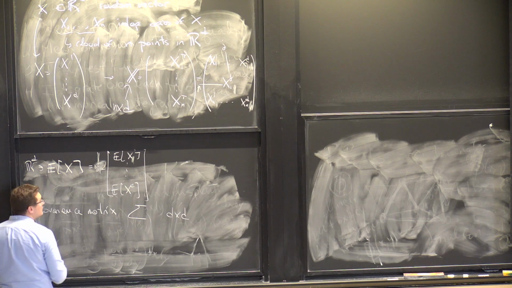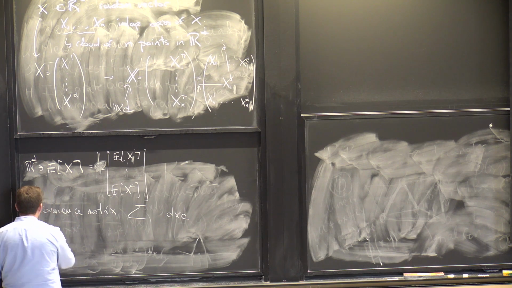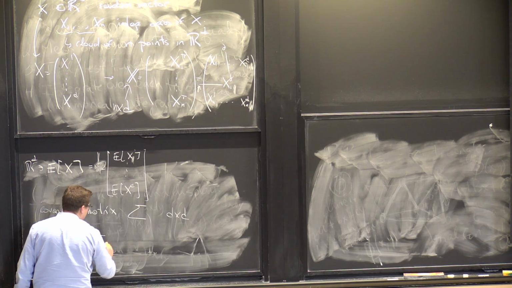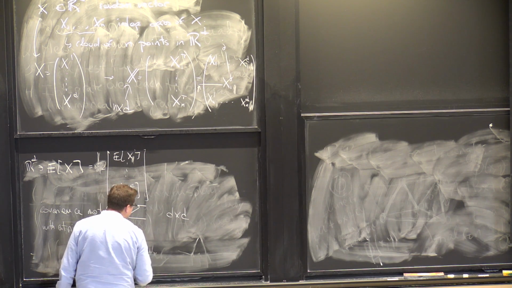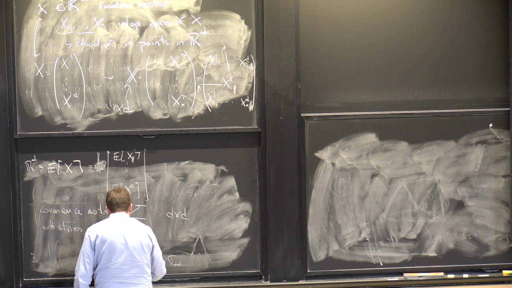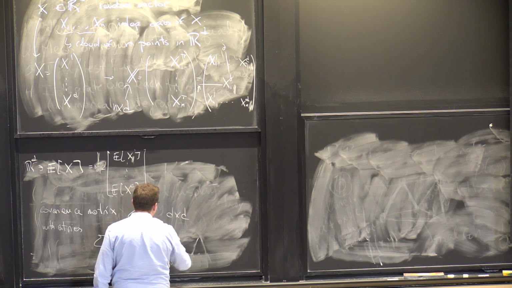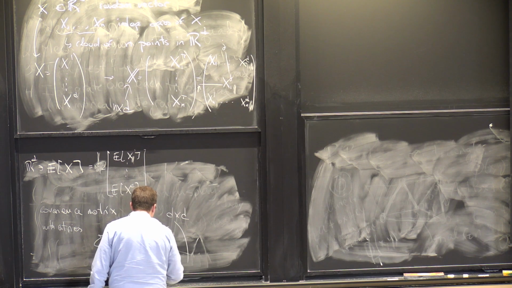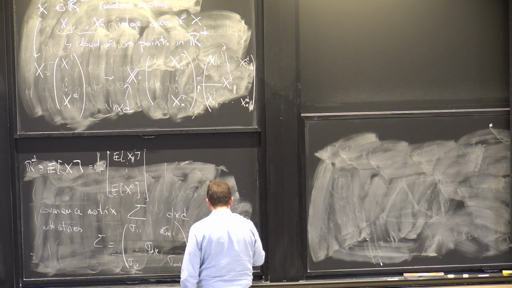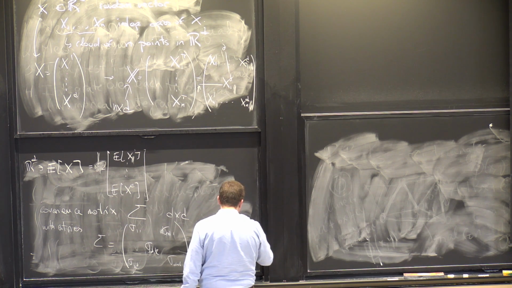So with entries, I have sigma, which is sigma 1,1, sigma DD, sigma 1D, sigma D1. And here I have sigma jk. And sigma jk is just the covariance between xj, the jth coordinate, and the kth coordinate.